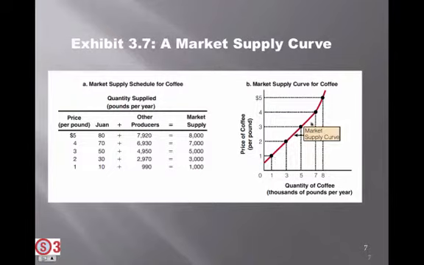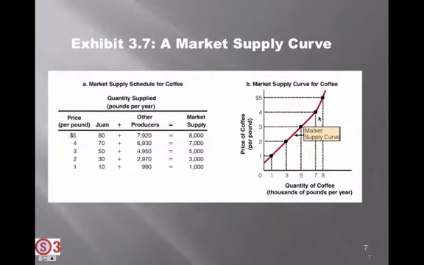And notice what these points are telling us. It's showing us how many pounds of coffee beans producers are willing to produce at different prices. For instance, if we look at this first point here, it's showing at $1 a pound, producers are willing to produce 1,000 pounds of coffee. We get that from over here, at $1 per pound, our supply schedule shows us producers are going to produce 1,000 pounds.